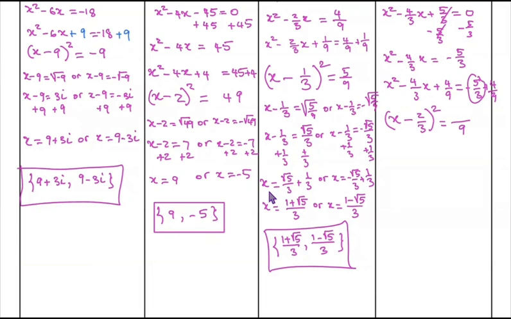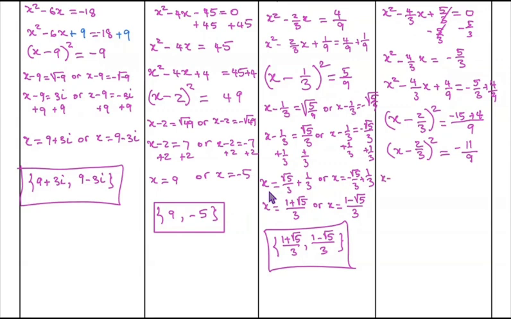So that's negative 15 plus 4/9. So the new equation is x minus 2/3 squared equals negative 11/9.